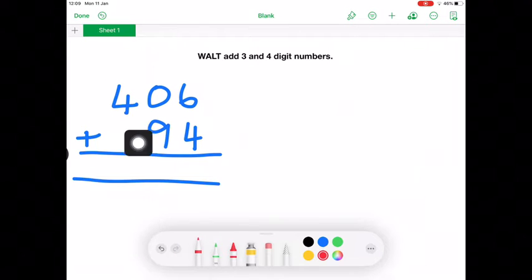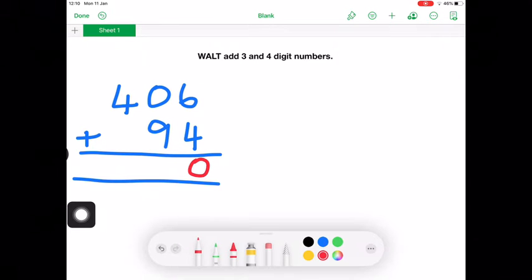So 6 plus 4, well 6 plus 4 we know is 10, but we don't write 10 down here, we just write the number of units down here, which is 0, and the 10 we will put over in our tens house, okay?